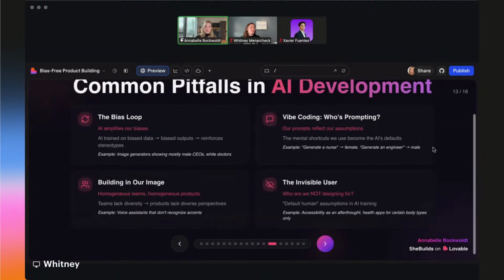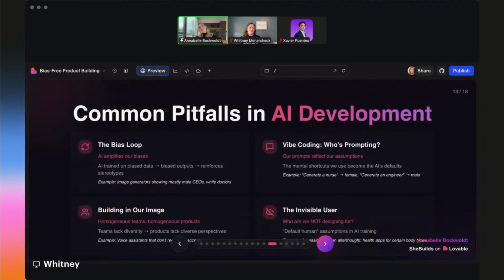So some other common pitfalls in AI development. If you have your AI loop, the bias loop, as I just mentioned, you have your biased data, your biased output, and it will reinforce stereotypes. Another example that I have figured out was, of course, the image generators.